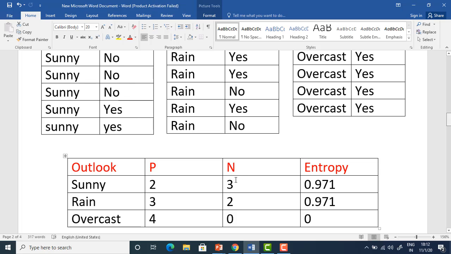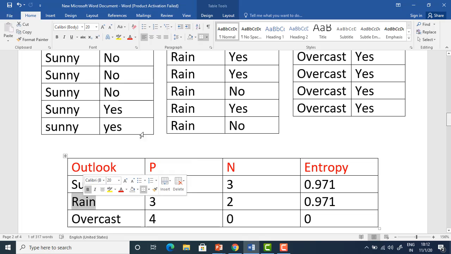Substitute these values in the entropy formula: minus P by P plus N log 2 of P by P plus N, minus N by P plus N log 2 of N by P plus N. That is the formula I have given in the same document. Substituting the values, we get the entropy value as 0.97 for sunny.